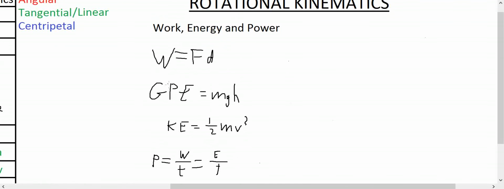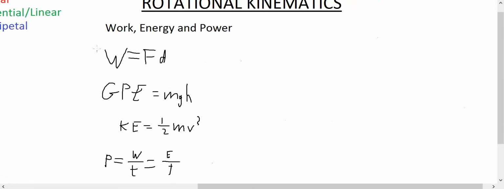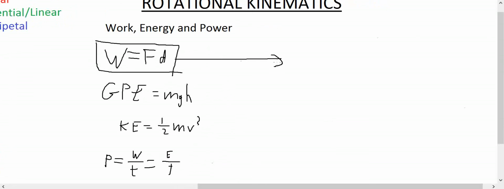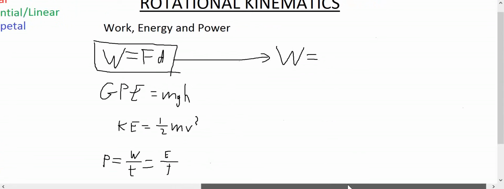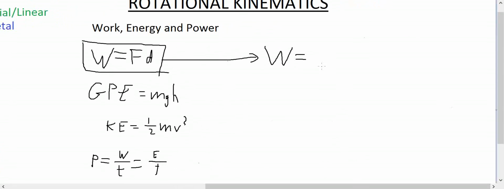So first, work done. How does this translate in rotational kinematics? Work is equal to what? The force version in rotational kinematics, you saw the equation just now.